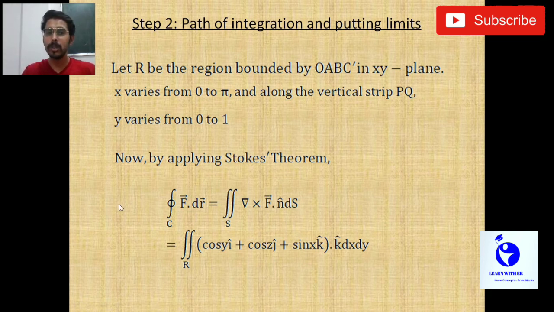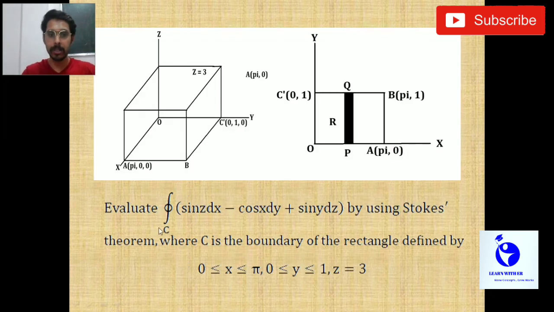For this, we are applying Stokes theorem. So as we have discussed, Stokes theorem is basically the transition where the single integration is converted into the double integration. So this particular closed integral of F dot dr, which has been given in the question, is the thing we are searching for the answer of.